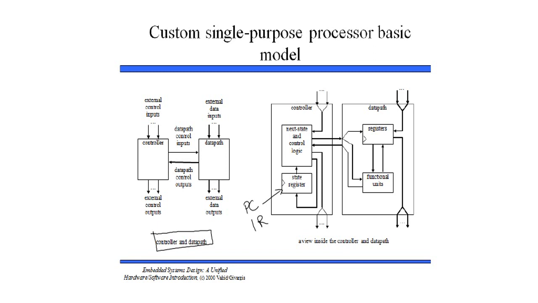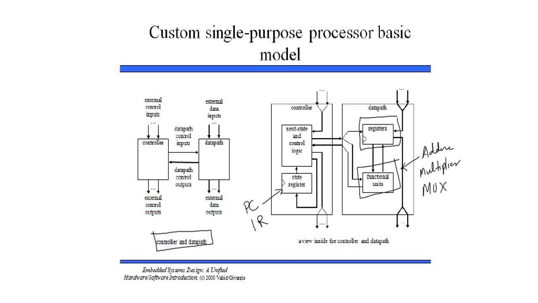Also, the data path is nothing but the computations happening on a set of registers. It contains a set of registers and some functional units. The functional units could be an adder, multiplier or multiplexers, right?